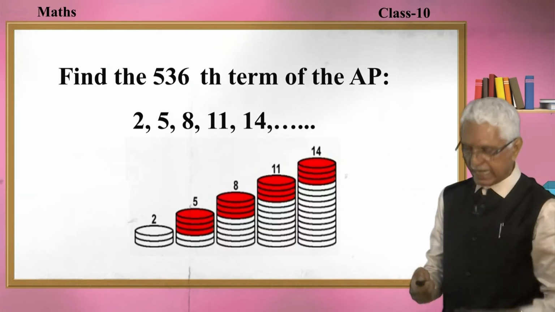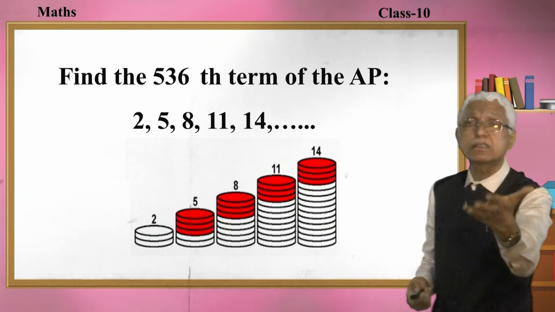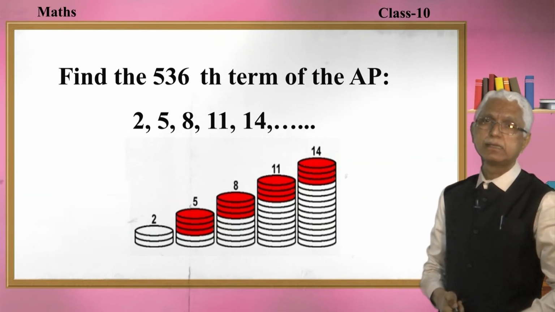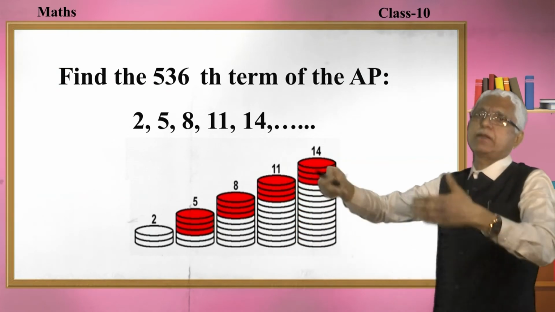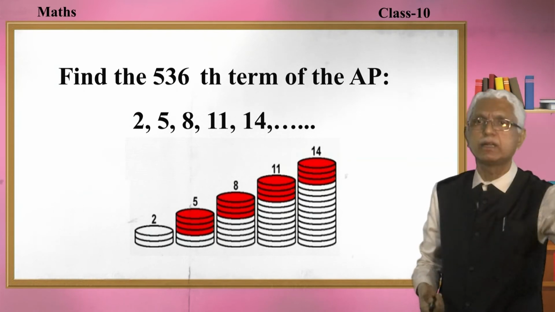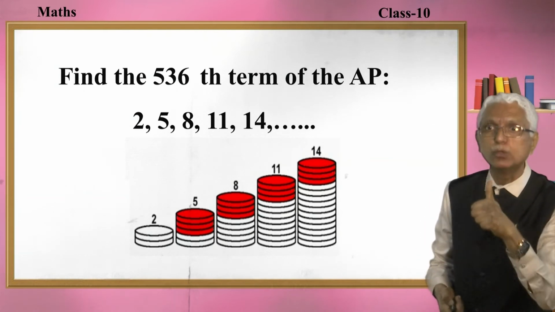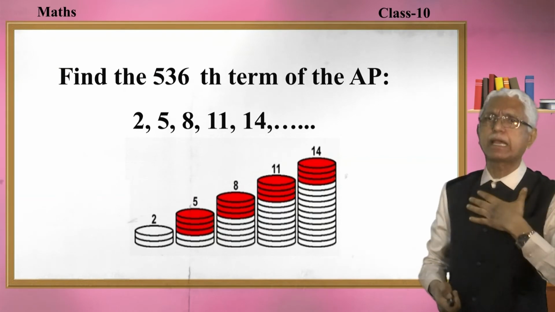I have got another AP: 2, 5, 8, 11. I want the 536th term, my dear child. Will you go on adding the common difference, 14 plus 3, 17, 17 plus 3, 20, 20 plus, my God, till you get the 536? No, we will not do it. What to do? How to find a particular term that I wanted?